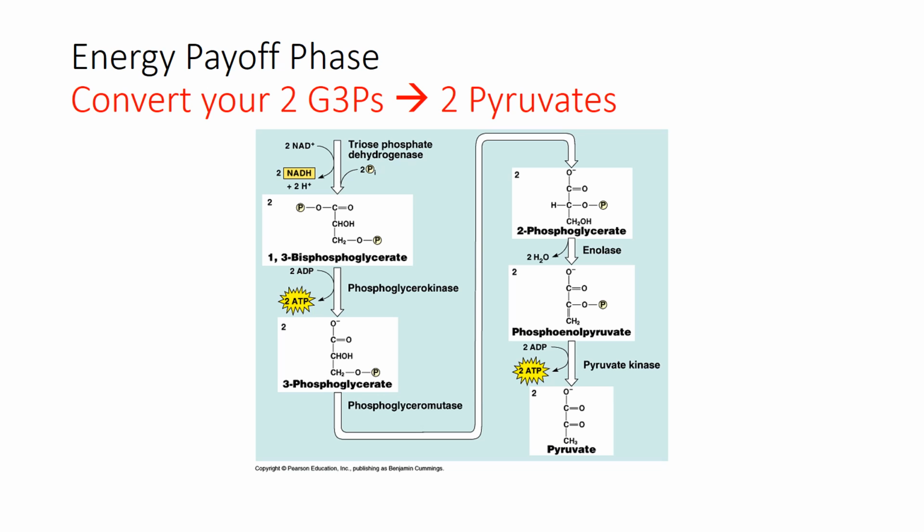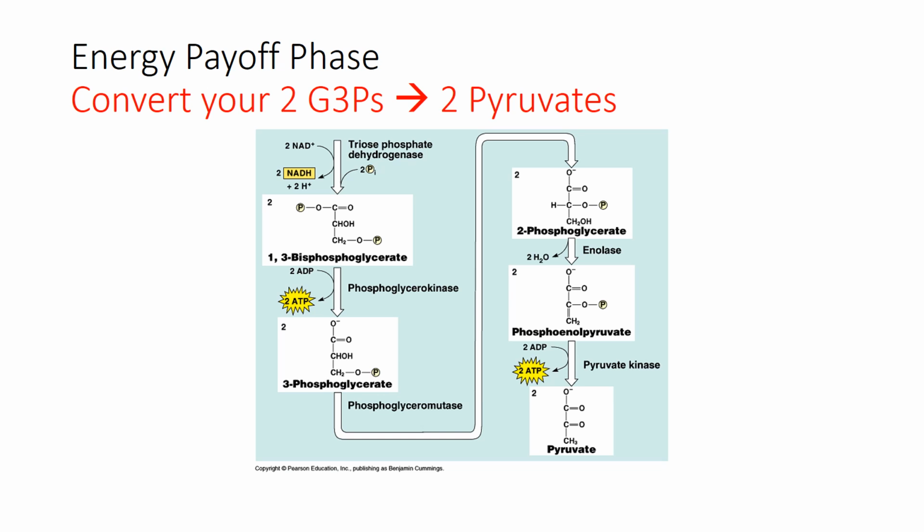That's that PEP molecule we saw in the other slide looking at substrate level phosphorylation. And pyruvate kinase, the enzyme kinase once again, is going to come in and pull that phosphate off, and it's going to produce 2 molecules of pyruvate and 2 more molecules of ATP. So what do we get at the end of glycolysis?